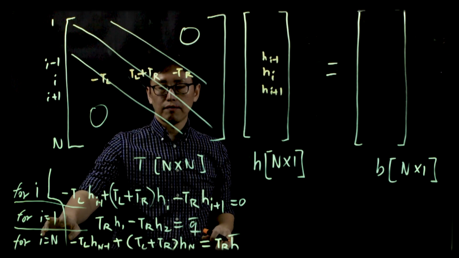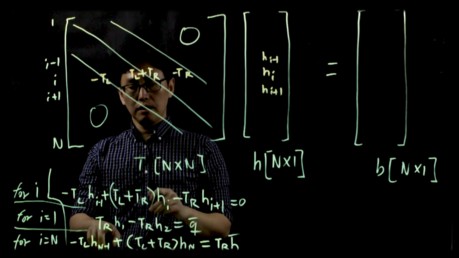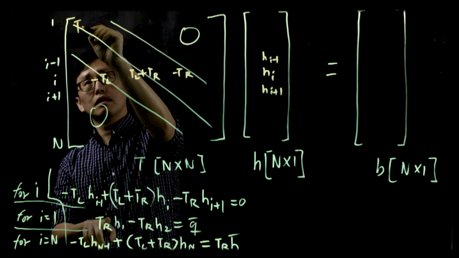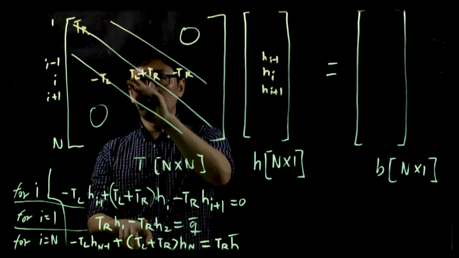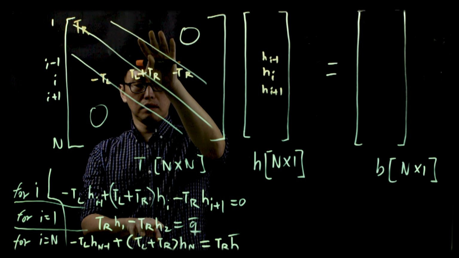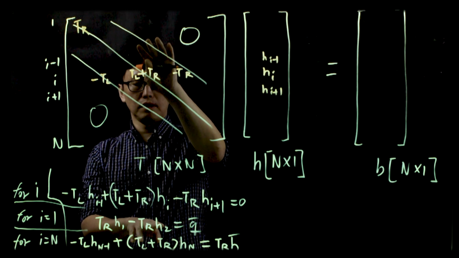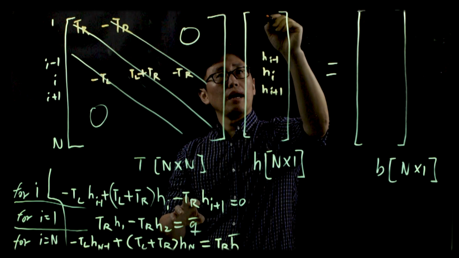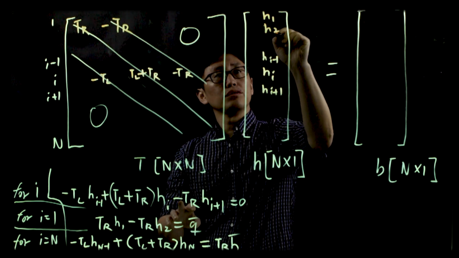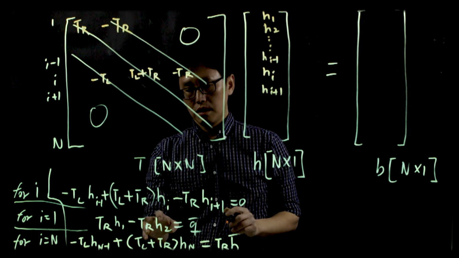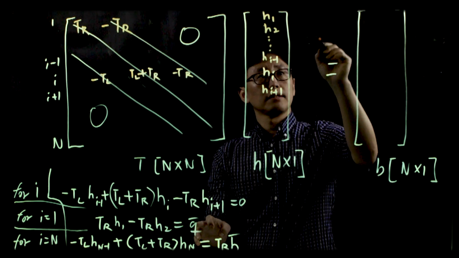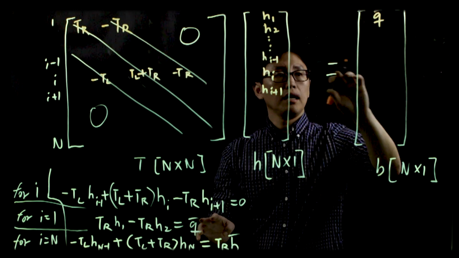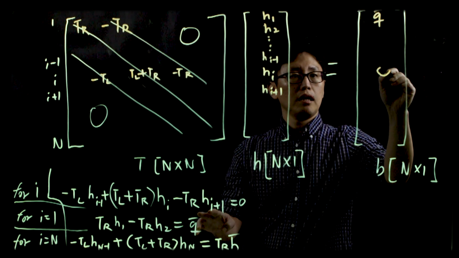So let's start with the first row. We have TR here as the diagonal term, and the rightward off-diagonal element is minus TR. And here we have H1, H2. And the right-hand side is Q bar. And by the way, this arbitrary cell I has the right-hand side element of 0, right?